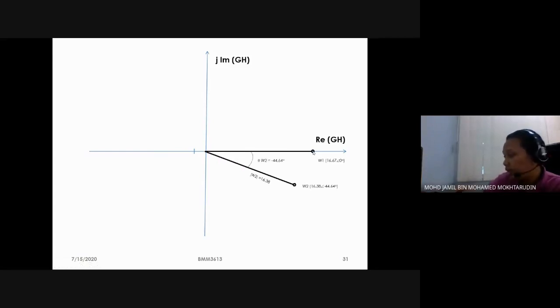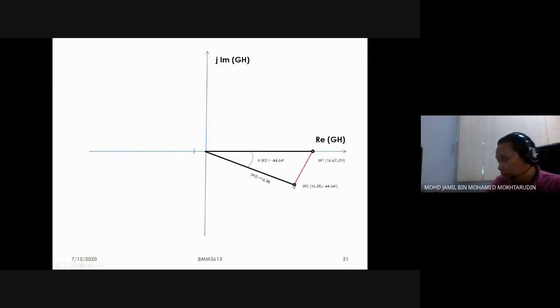And then the second one is at magnitude 16.38, angle negative 44.6. Okay, so you measure the angle. Agak-agak lah, okay. Tak payah bawa protractor. Agak-agak je angle berapa. And then the magnitude you need to measure exactly lah, but the angle can roughly agak-agak je.